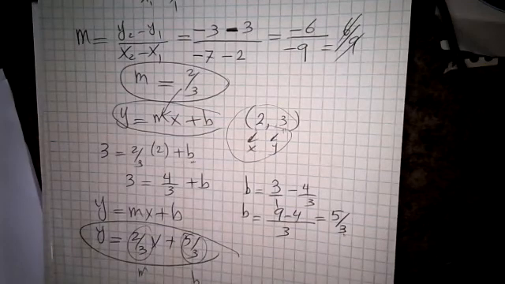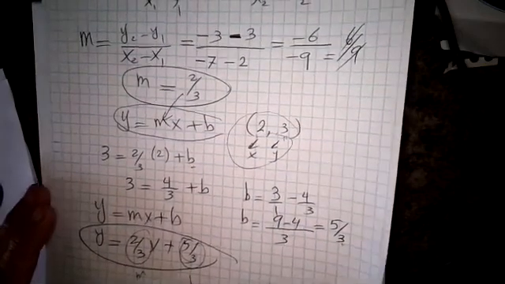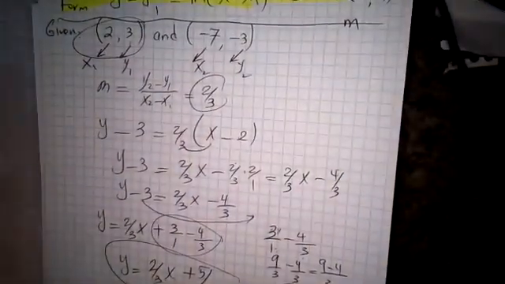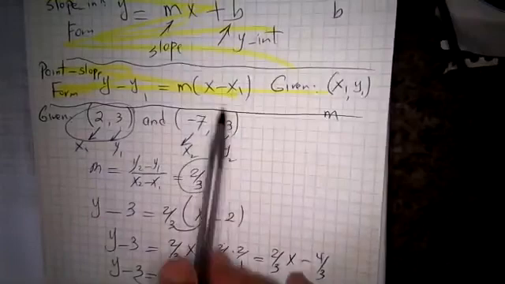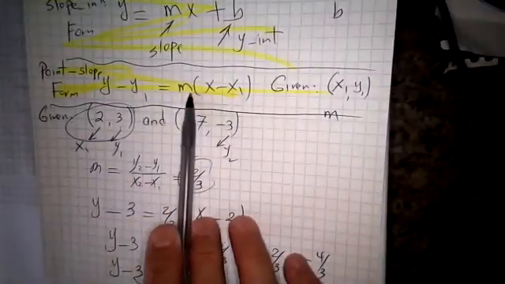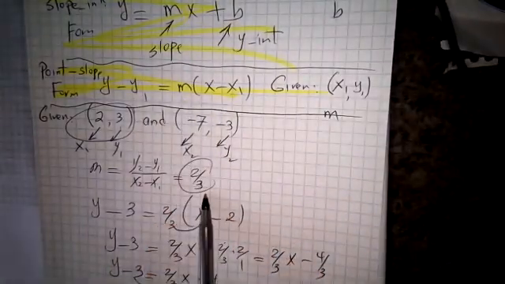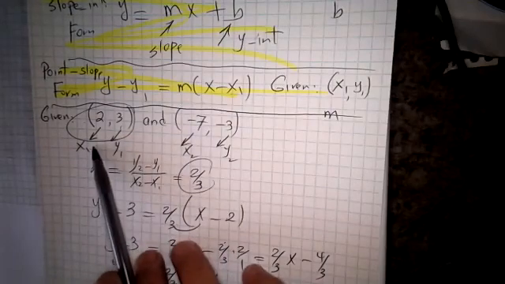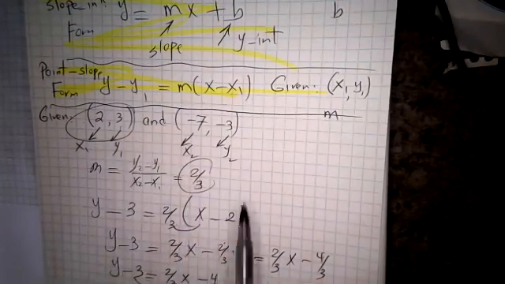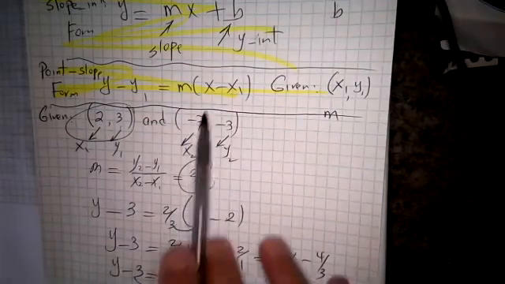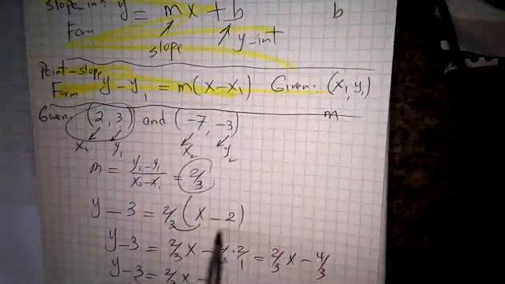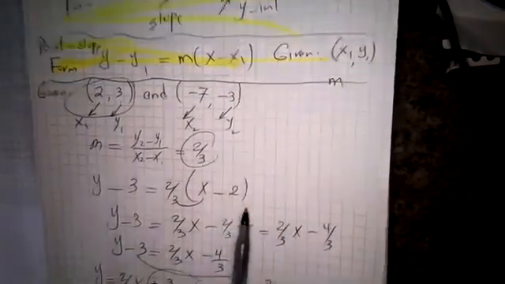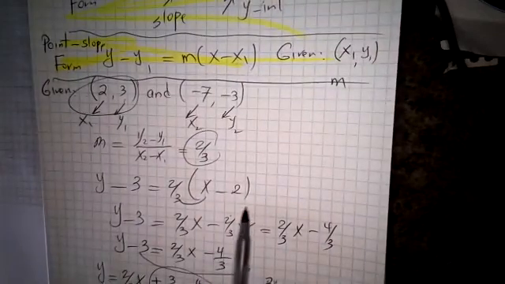Now, I want to show you how to use the second equation to do that. To use the second equation you need x1, y1, and a slope, right? We already calculated the slope was 2/3. Do we have x1 and y1? Yes, these, 2 and 3. x1, y1, and a slope. You put all those 3 into this equation, and this is what you have. And then distribute 2/3.